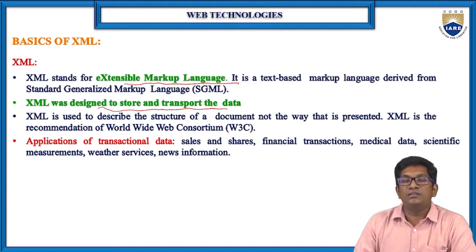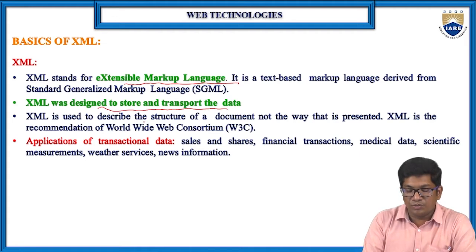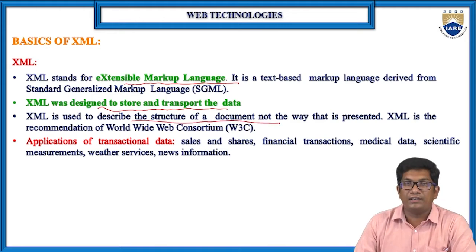Here XML is used to store and transport the data and organize the data. Organizing means we can insert, delete, modify, and transfer the data between client and server. So XML is used to describe the structure of a document, not the way that it is presented.